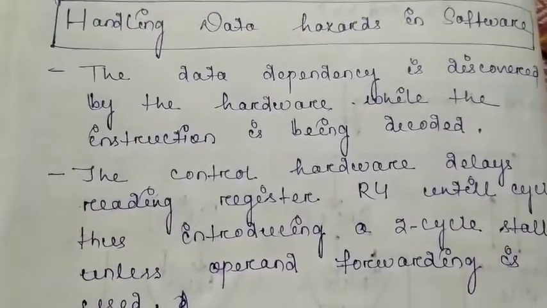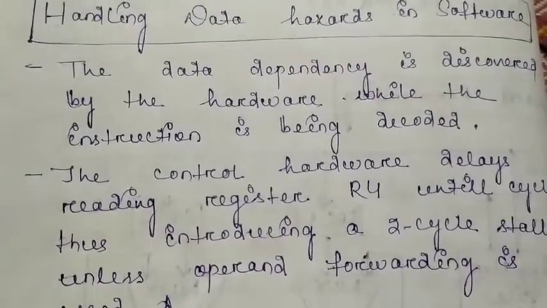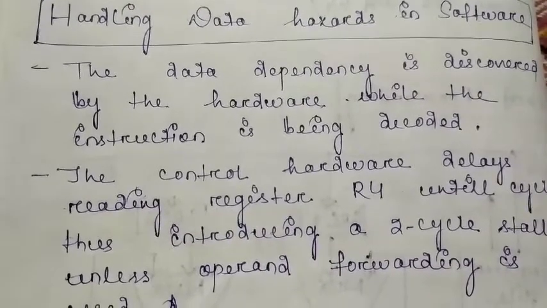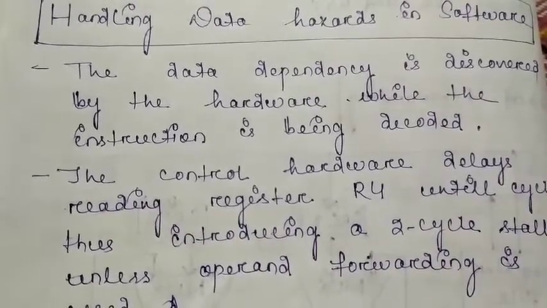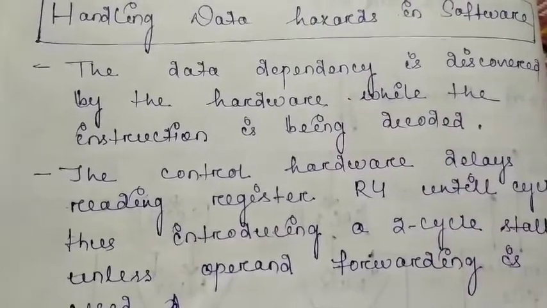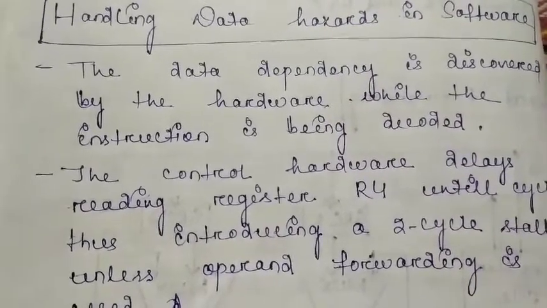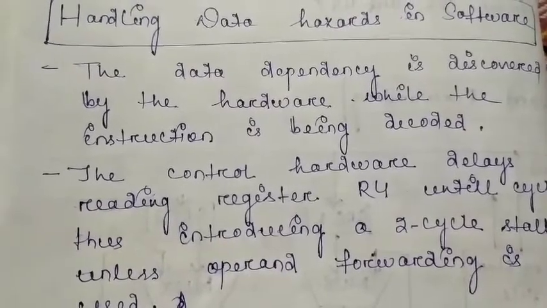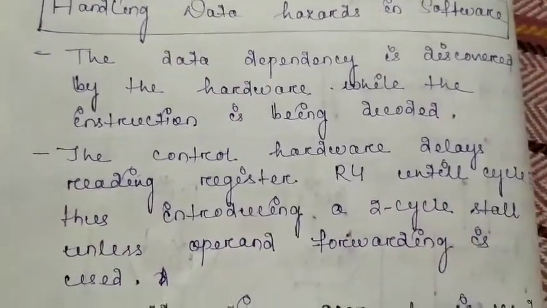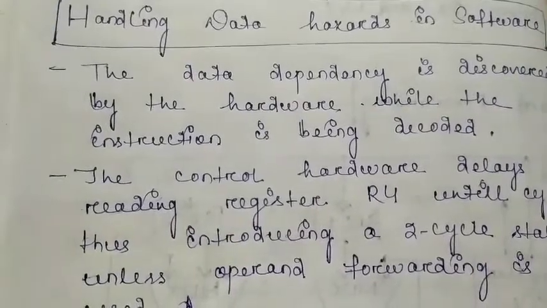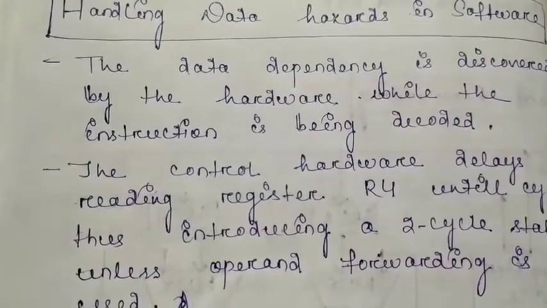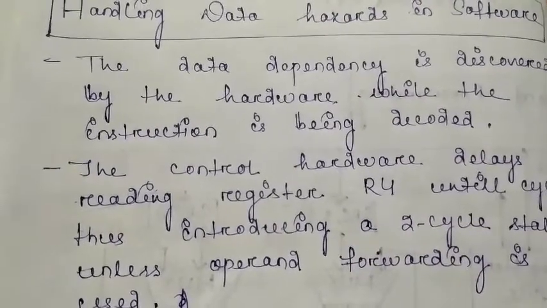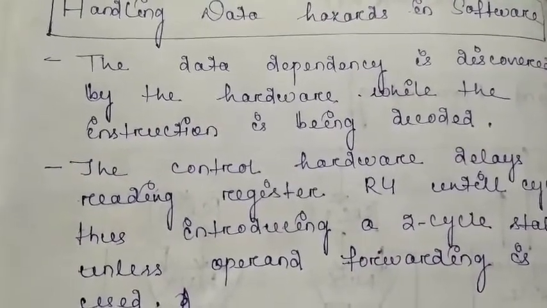The data dependency is discovered when the instruction is being decoded. That means when it is decoded and then execution starts, for completing its decode stage we may need the previous instruction to be executed.